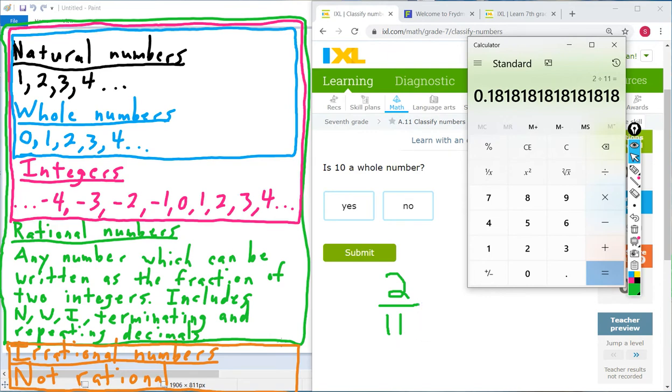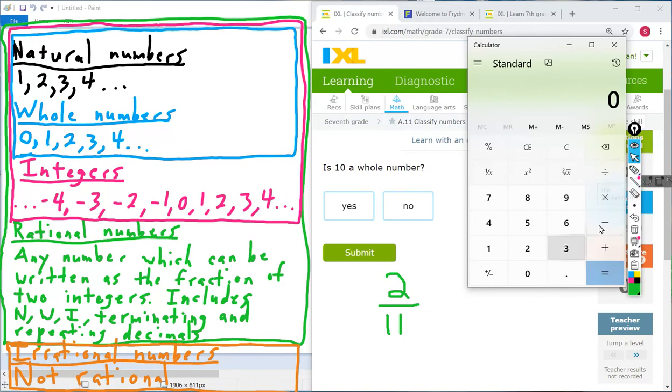And therefore every repeating decimal would also be a rational number. So just like 0.18 repeating can be written as 2/11, every other repeating decimal and also every other terminating decimal can be written as the fraction of 2 integers, so they are rational numbers.